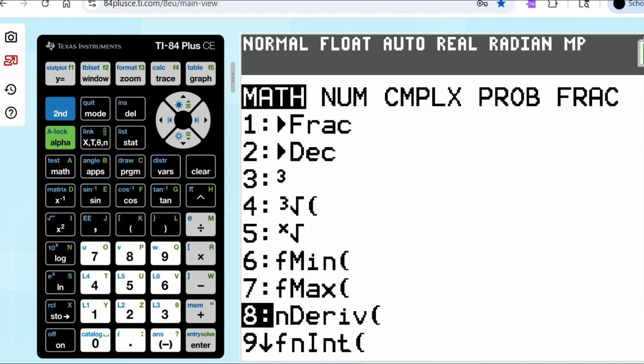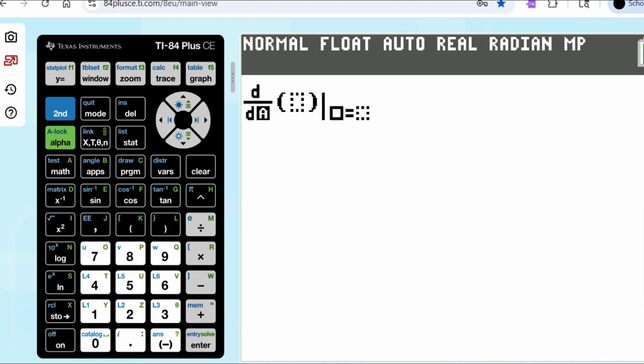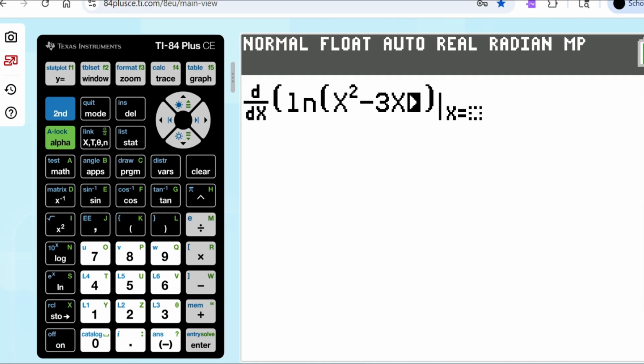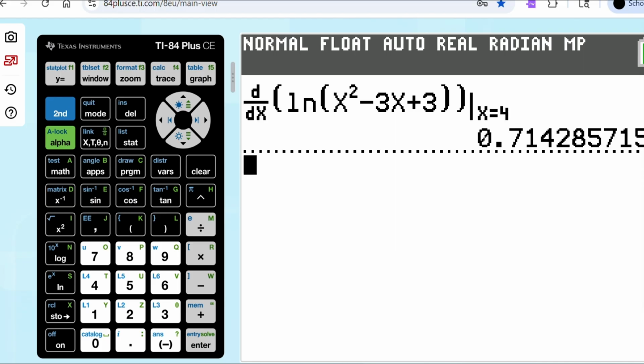So just type it in here, in deriv, math option 8, the derivative with respect to x of the natural log of x squared minus 3x plus 3, and we wanted it at x equals 4, and we get 0.714285715.